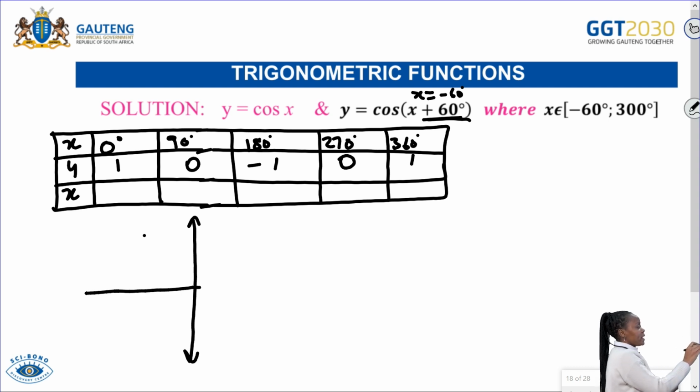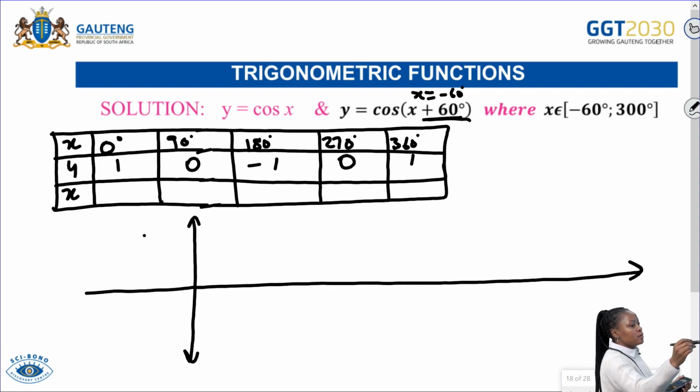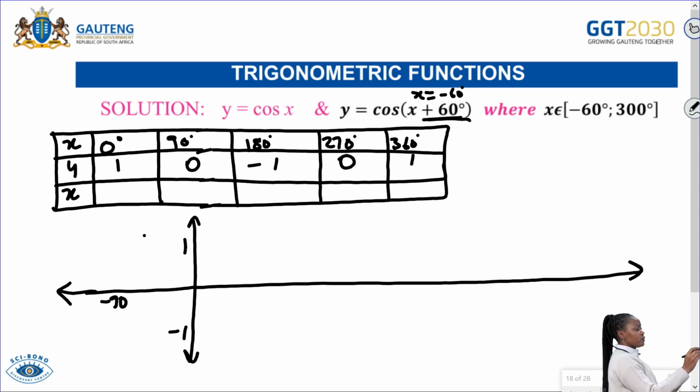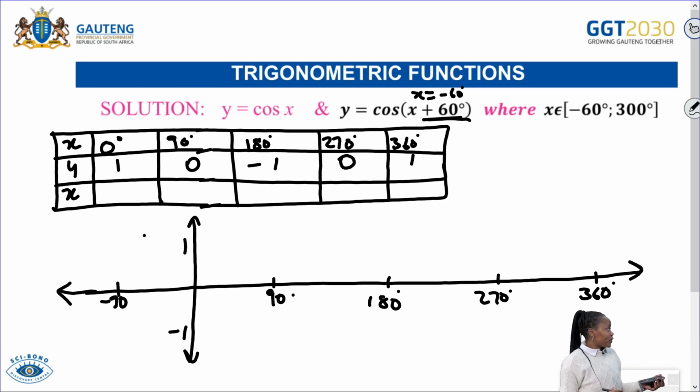Let me do my Cartesian plane. So I have negative 90 here, negative 1, positive 1. So it's going to be 90, 180, 270, and 360, right? So at 0, I'll have positive 1.